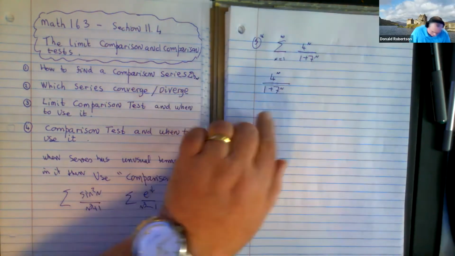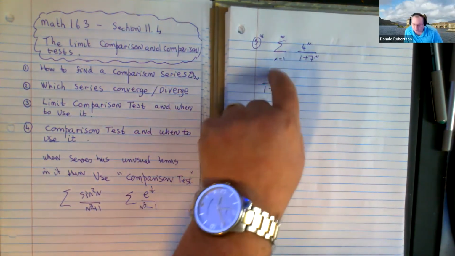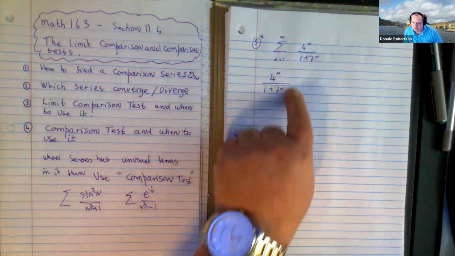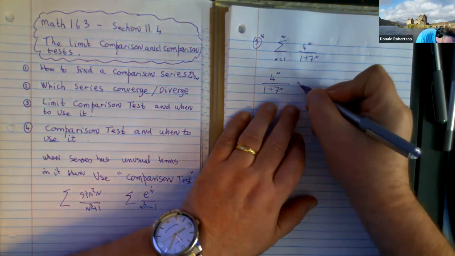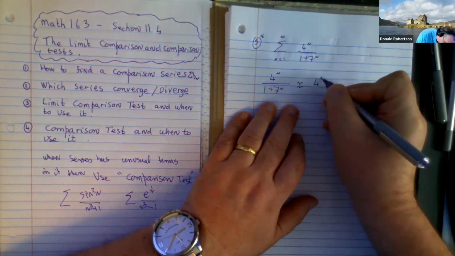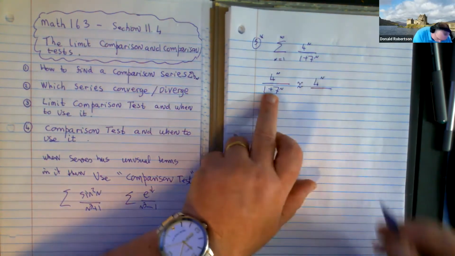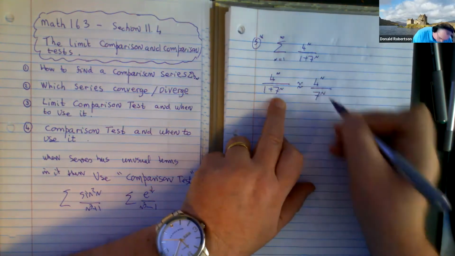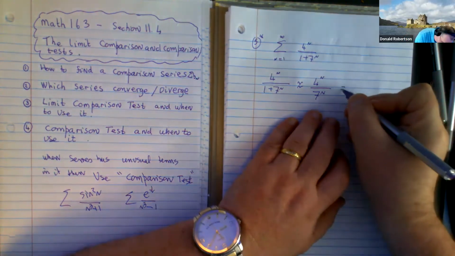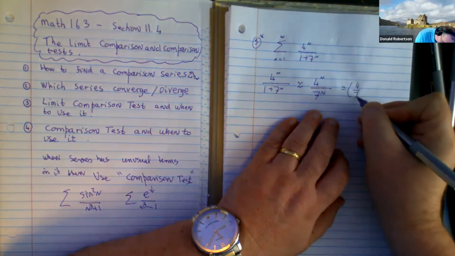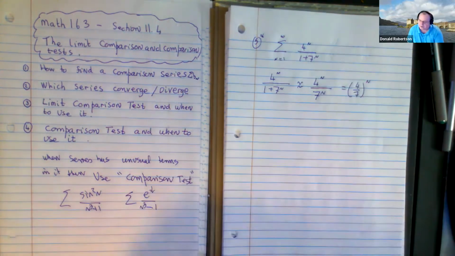This is because of what it's made up from. Isn't this going to be a comparison to a geometric series? Can you tell the shape of it? Right. The top guy is 4 to the n, and I think it's pretty obvious that the bottom guy is 7 to the n. So far, so good. That is the same thing as that guy, right?